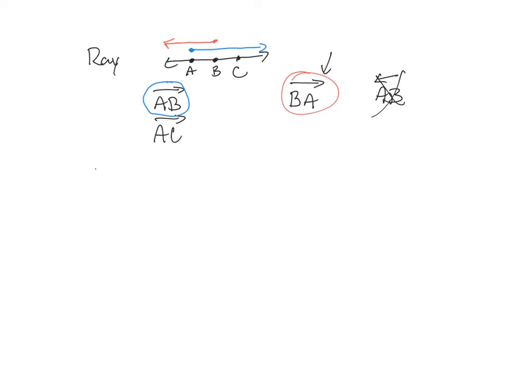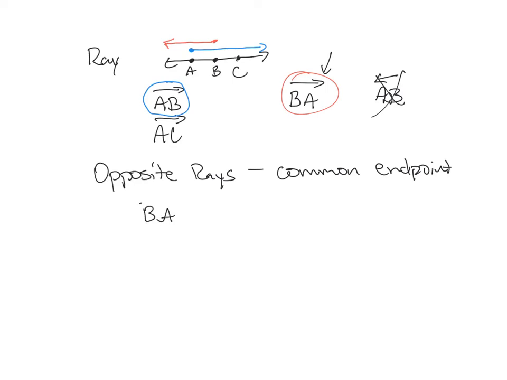Okay, so then we have something called opposite rays, and they have a common endpoint. Using the same picture, BA and BC are opposite rays. I'm going to do a little green thing here.